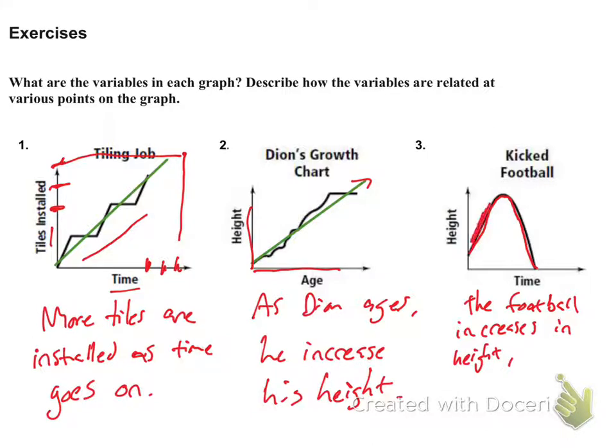It increases in height here, and then reaches a plateau, or I guess you could say this point right here where it reaches the ceiling that it's going to go for height, then decreases over time. So that's just like a punt, I guess you could say, in football. Let's talk about soccer, but we'll just go with football at this one.